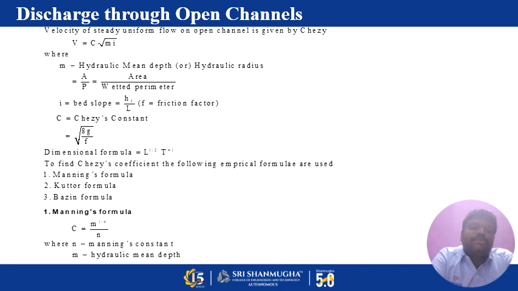To find the Chezy coefficient, the following empirical formulas are used: Manning, Kutter, and Bazin. The relationship between Chezy's C and Manning's N is C is equal to m to the power 1 by 6 divided by N, where m is the hydraulic mean depth and N is Manning's constant.